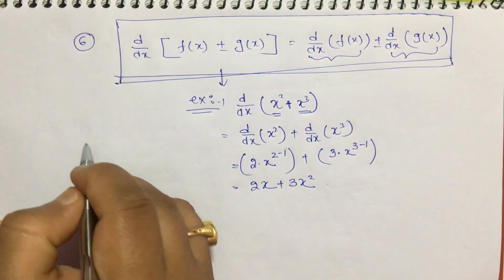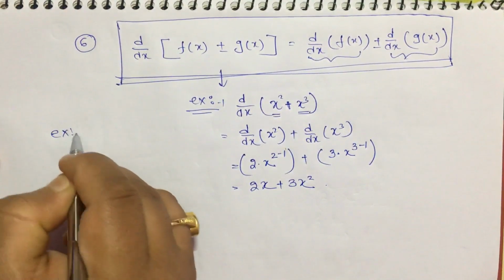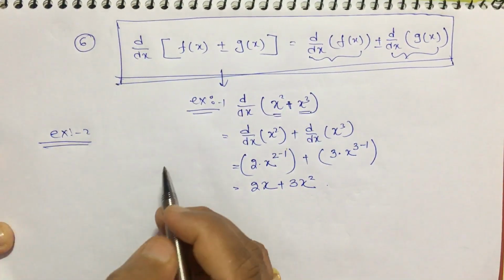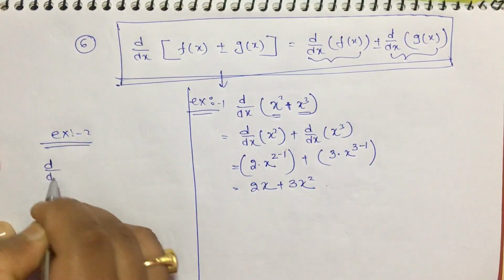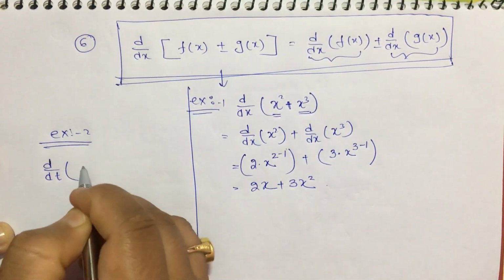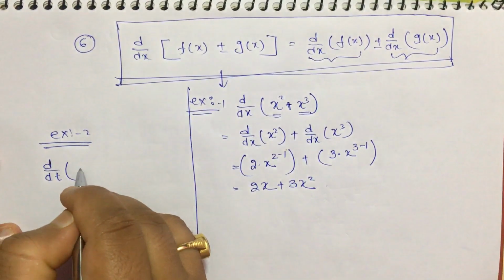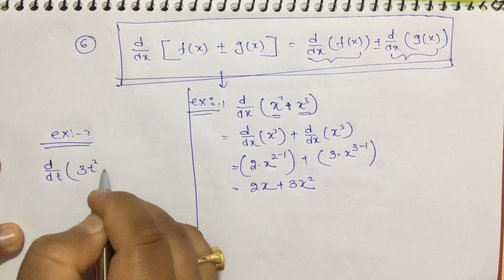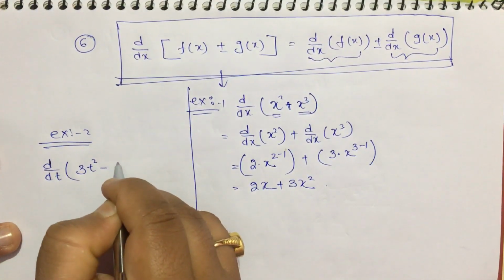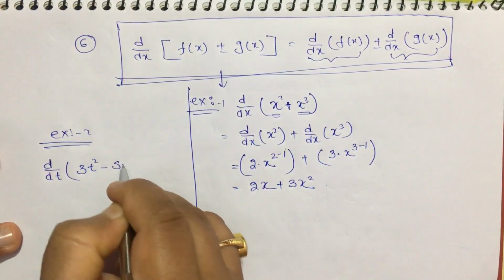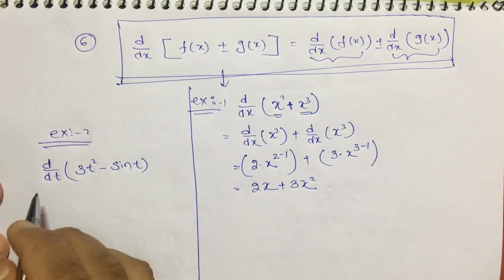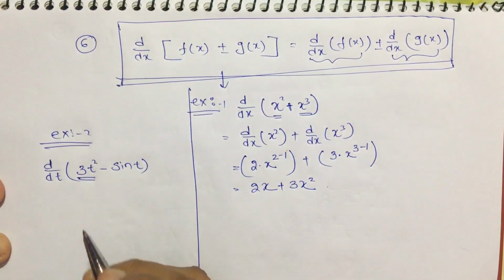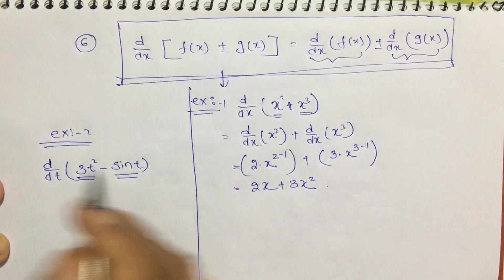Let us take another example. Example 2. It is given that d by dt of 3 t square minus sin t. Again you can see this is a function of t, this also is a function of t.